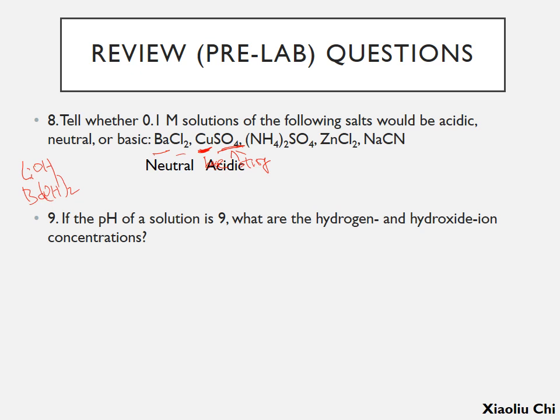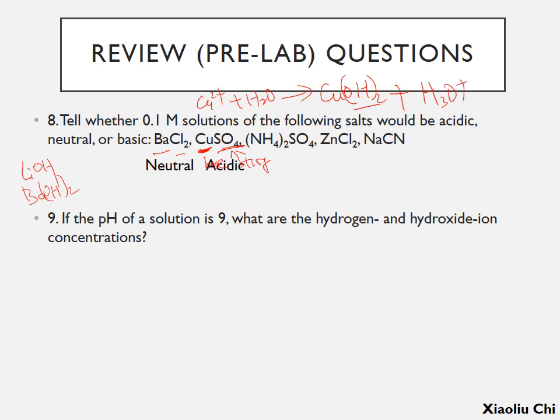Now the real reason for this, you should write a hydrolysis reaction. The copper ion, which comes from a weak base, hydrolyzes back to the weak base, by taking hydroxide away, the water becomes a proton. So in this case we can write hydrogen ion.